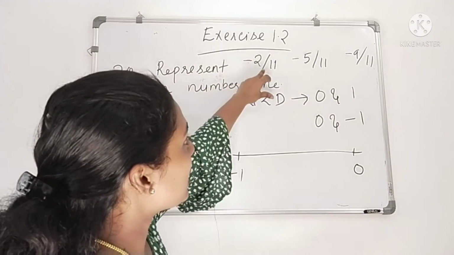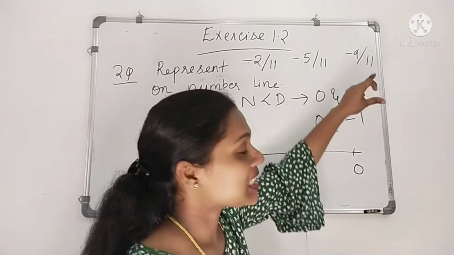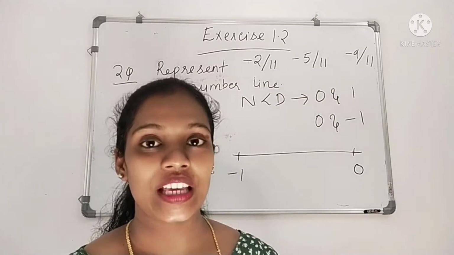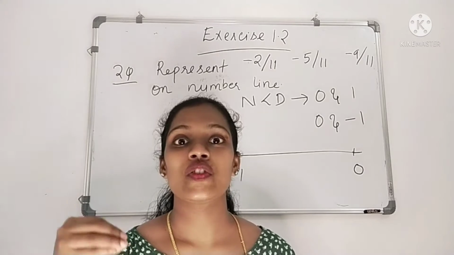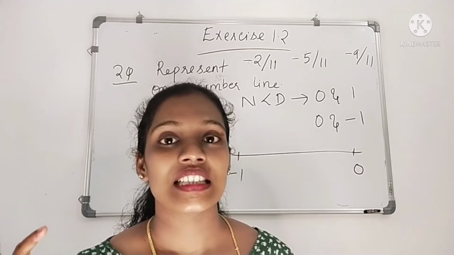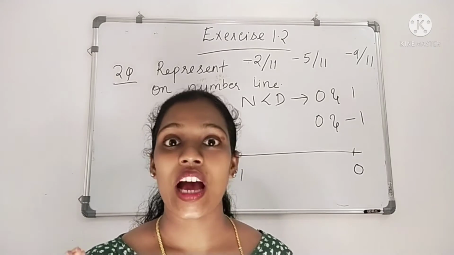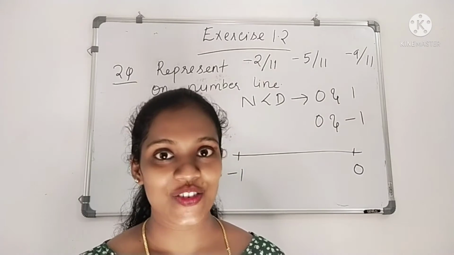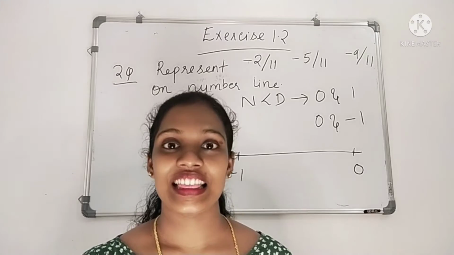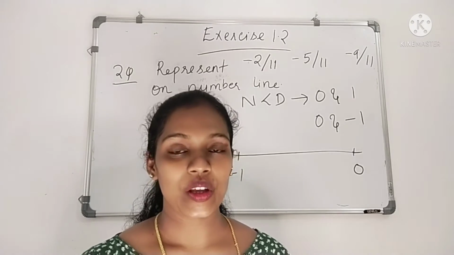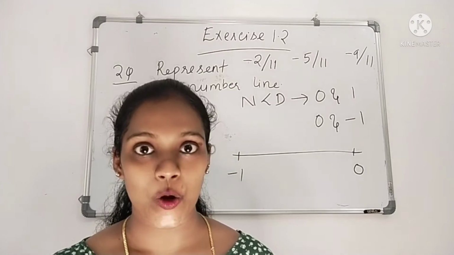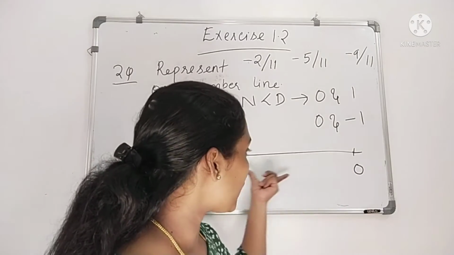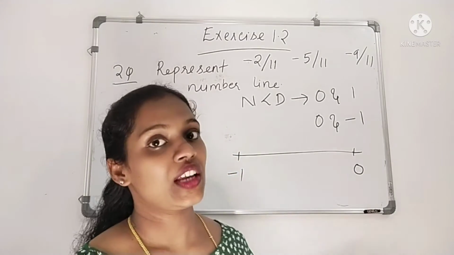Now what you have to see next? You have to see that the denominator here is 11. So what is the meaning of denominator? The denominator 11 means you have to divide the part into 11 equal parts. Understood? That is the thing you have to check next. So here we have 11 as the denominator. That means you have to divide this part into 11 equal parts.